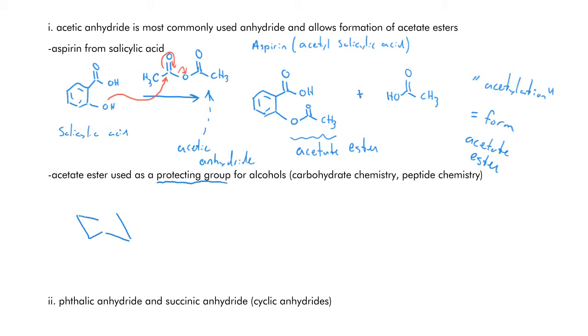I was going to show you an example of taking glucose. A very common thing to do if you're in carbohydrate chemistry is to protect something like glucose or another monosaccharide by converting all of the hydroxyl groups on it to acetate esters, and it's usually done using acetic anhydride like this.